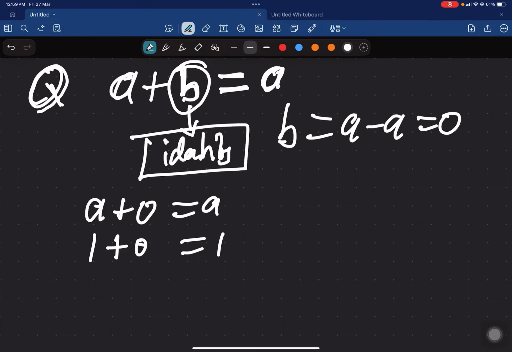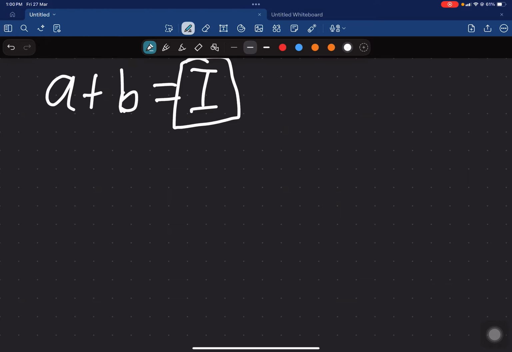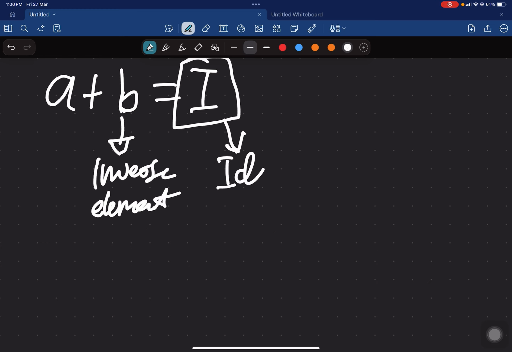And additive inverse also says that whenever you do, for example, a plus b, we should get the identity. So this is what identity does for us. It means that here b is our inverse element, and I here is our identity element.